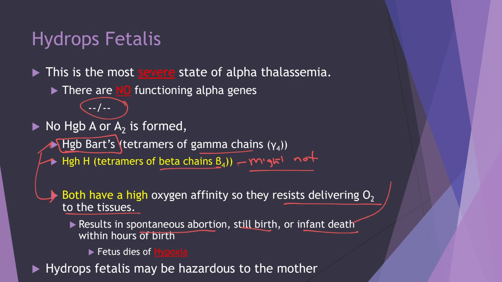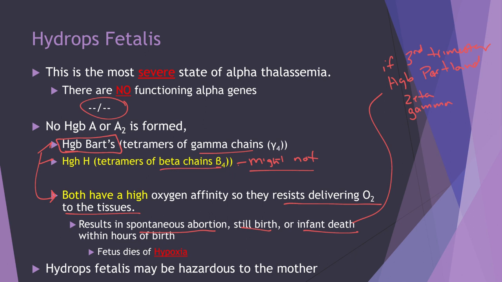Now, if a baby makes it to the third trimester, what's helping it get there is hemoglobin Portland, which are zeta chains and gamma chains.